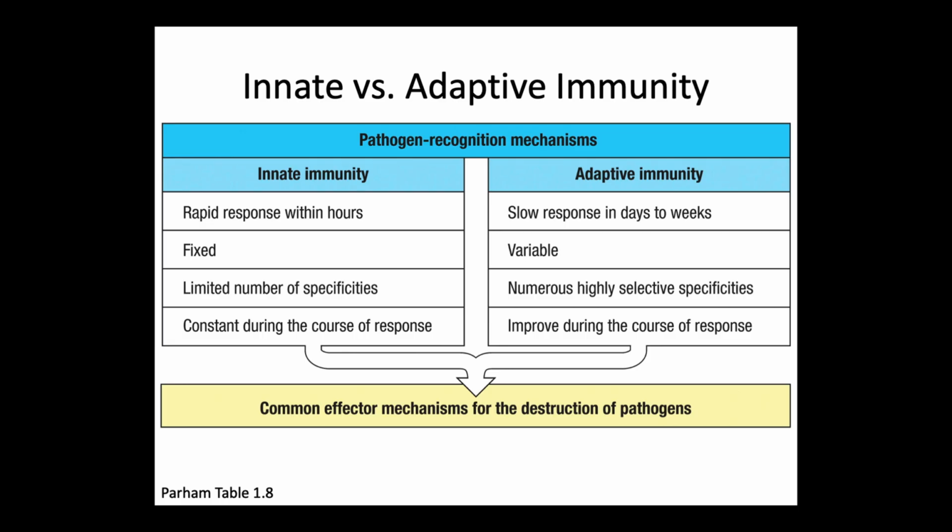It's so specific. The innate immune system, by contrast, recognizes things more generally. The innate immune system cannot tell the difference between this year's flu and last year's flu. It actually just says, oh, that's an RNA virus.